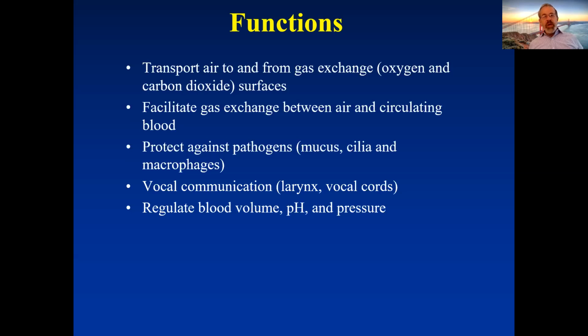One of the reasons why we hyperventilate is because there's too much carbon dioxide in the body, which changes the pH, something we learn a lot about in physiology. The blood becomes too acidic, and we need to get rid of that. So not only breathing, but how deep we breathe and how fast we breathe helps to regulate blood volume, pH, and pressure.